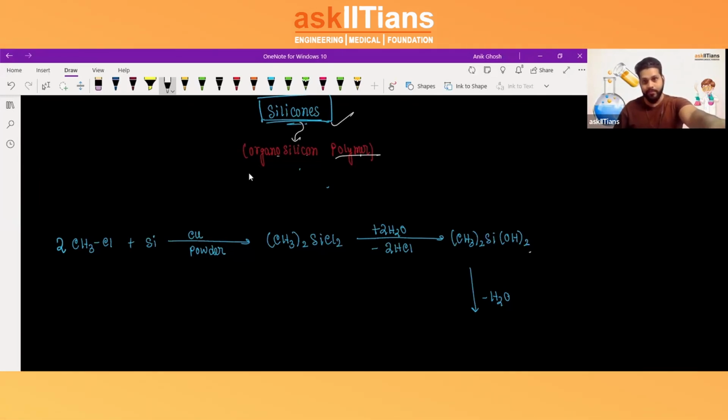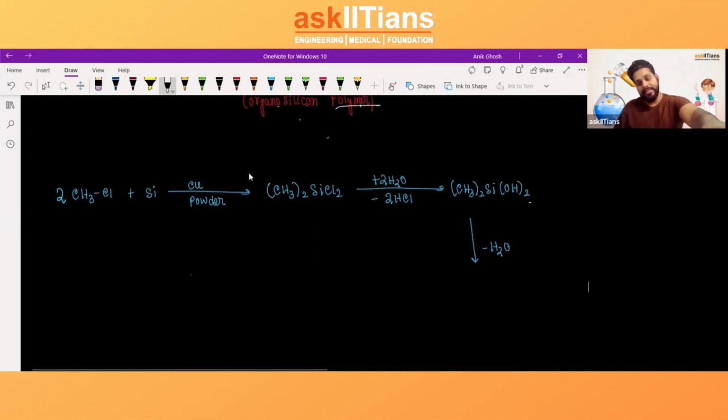Now, how do we make them? Simple. First, we take an alkyl halide, we react it with silicon. What we get is, guys, silicon, valence is 4 now. General valence is 4, can go up to 6. This compound. Now what we do is we hydrolyze it. Now, guys, I believe you know how hydrolysis works, right?